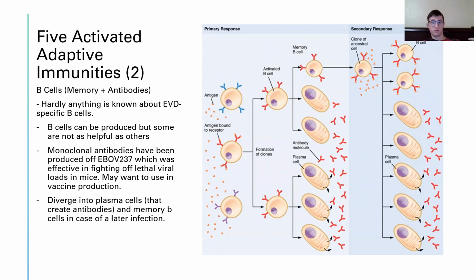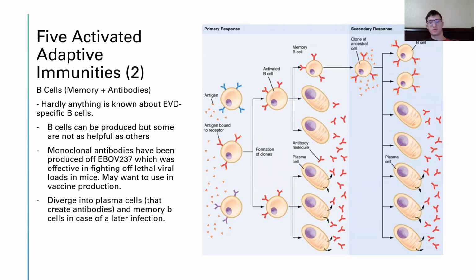They saw that it produced immunological effects. So why would you not want to look into producing vaccinations or being able to provide treatments in monoclonal antibodies when people are infected? Just on the B cell response, B cells are created to fight Ebola virus.